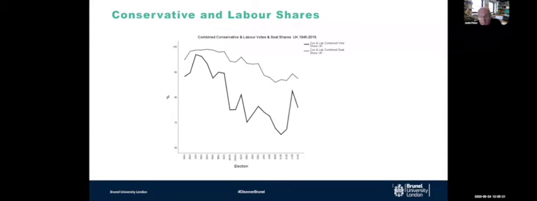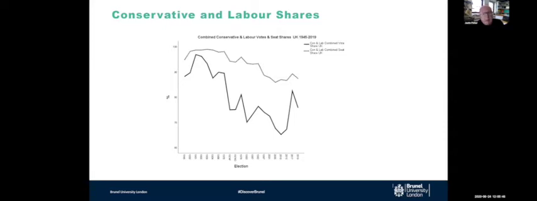Now actually it's gone up rather in the last few elections, so that in 2017, for example, we were back up to around 80%, or slightly over 80% share of the vote for those two parties. It dipped again in 2019. So overall, there's been a decline, although something of a recovery in the last couple of elections. But look at the share of the seats.